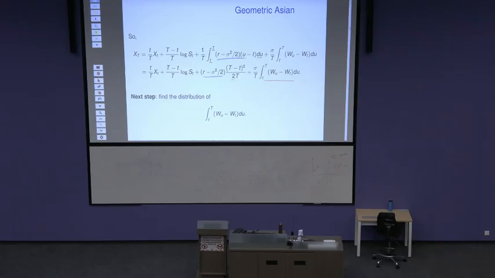That's all we need to know, just the distribution. The precise value is not so interesting. It's really the distribution, because in the end, we want to compute the expected value of that. So the goal will be, I mean, the other quantities are all known to us. We really want to understand what is the distribution of this object.